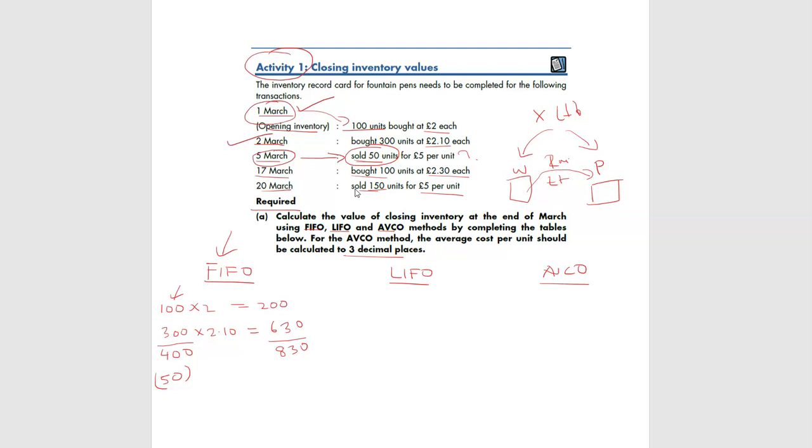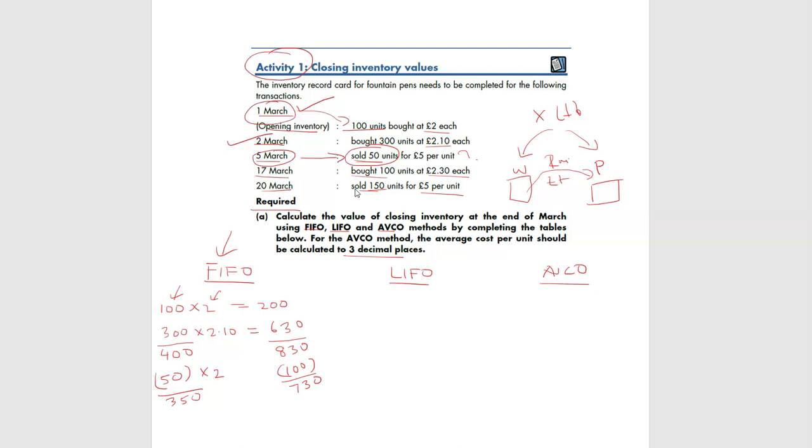So I'm going to charge £2 per unit. 50 times 2 gives me 100, so the value of 100 is gone. So 50 units are gone, so I now have 350 units left in my warehouse, and the total value is 730.